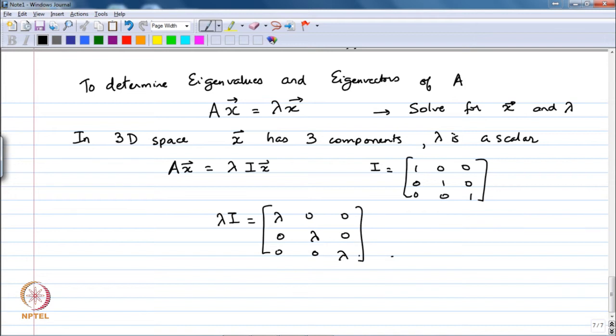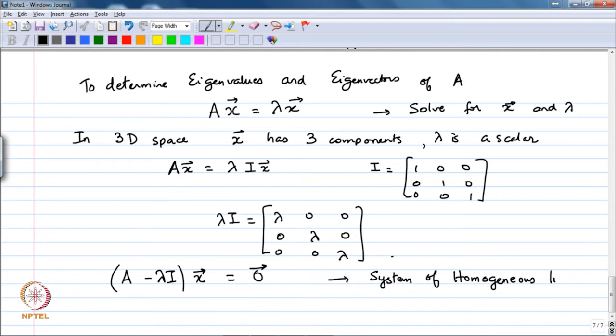Then I can write A minus lambda I. I take the lambda I to the left, multiplied by the x vector, is equal to the 0 vector. And this is a system of homogeneous linear equations.